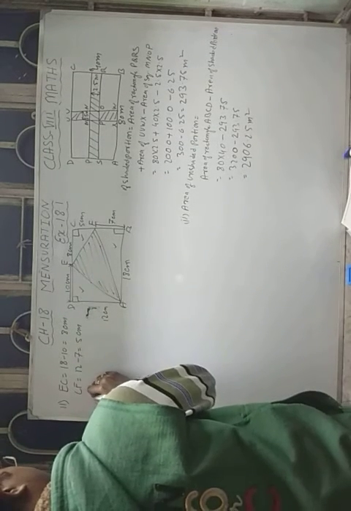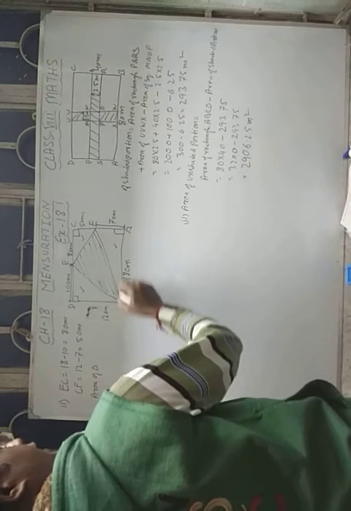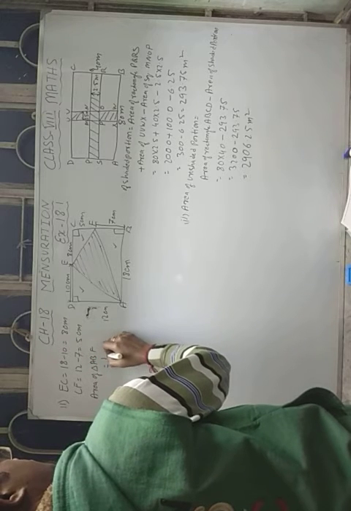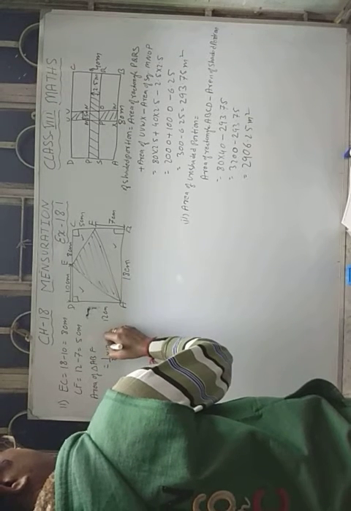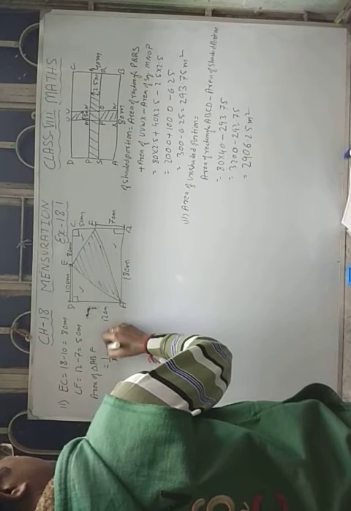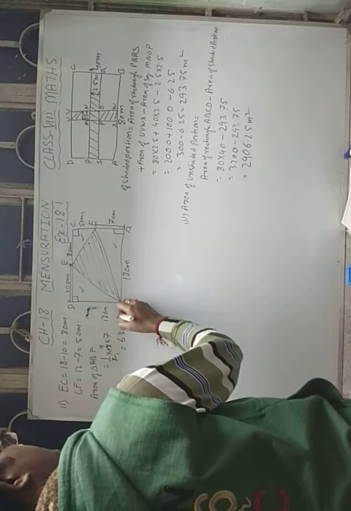Now first, area of triangle ABF is equal to half into base into height. Base is 18 and height is 7. So 2 ones are 2, 2 nines are 18, 7 nines are 63 centimeter square.